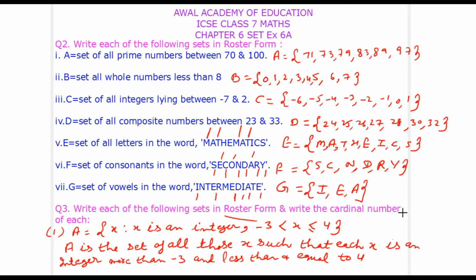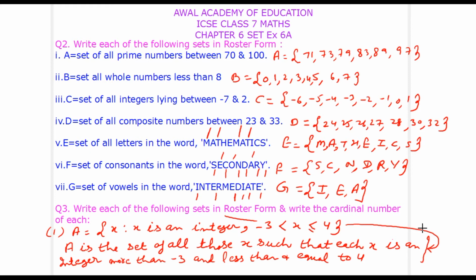So you will read this set builder form. This is only for your understanding, not to write here, or you can write it here for your convenience. Right now we have read it.